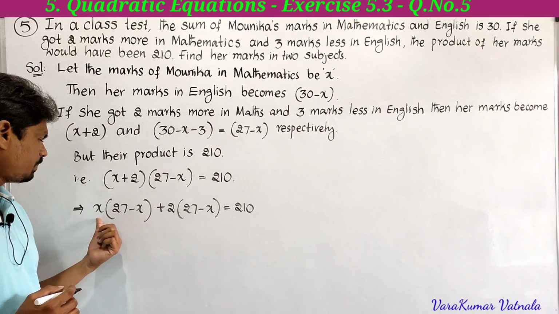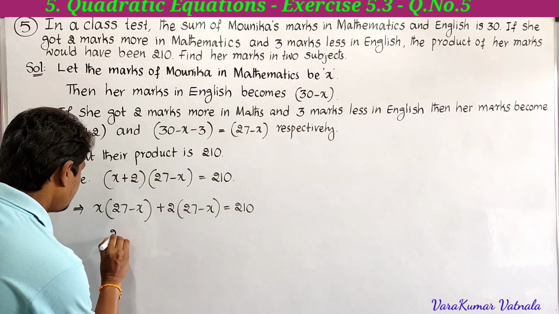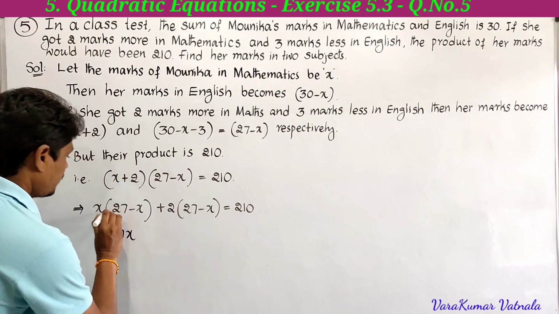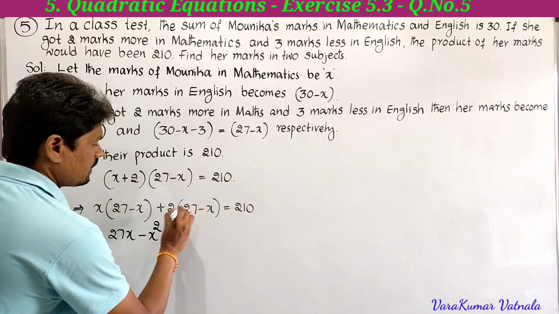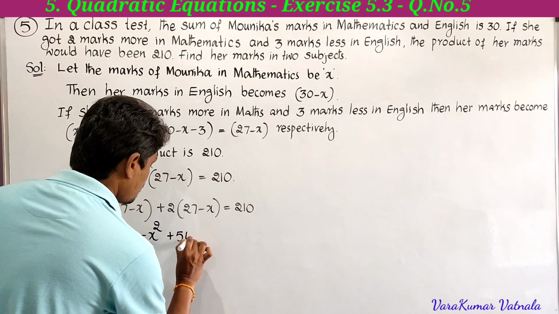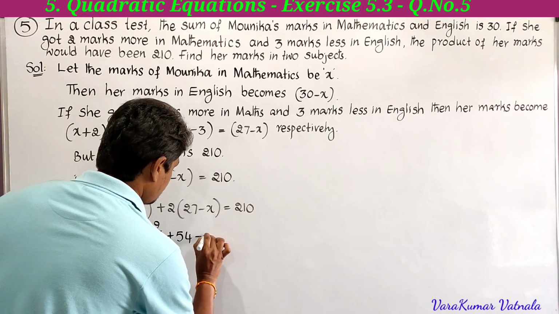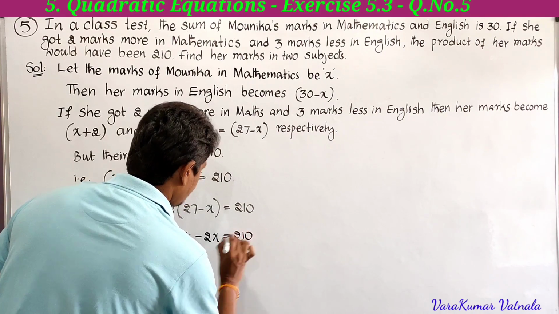Now we have to multiply. x into 27, we get 27x. x into minus x square. Then multiply by 2: 2 into 27 is plus 54, and 2 into minus x is minus 2x, is equal to 210.